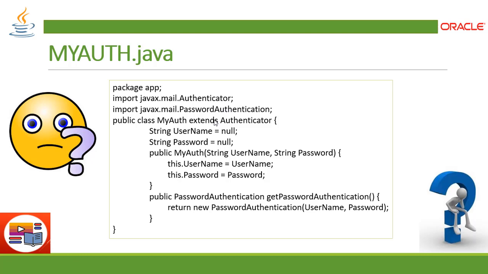The MyAuth class inherits the Authenticator class, and it contains the getPasswordAuthentication method from PasswordAuthentication, and that's how it's inherited and the method implemented accordingly. So this particular class is only for authentication. The username and password are nothing but the username and password you are going to pass from your mail.java, that is the from address.